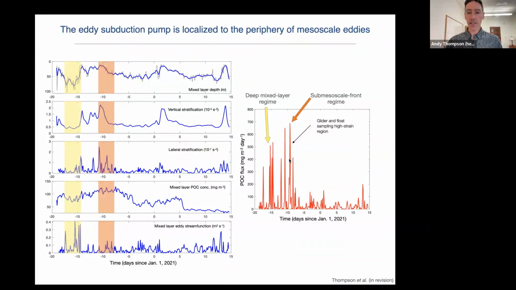And what we find is this is the period where we're sampling that very high strain region that has a very strong isopycnal tilt. And so what we think is that even though the exchange between the surface ocean and the interior might be weaker during this period, that strong isopycnal tilt allows you to have a relatively strong vertical velocity and thus vertical flux into the interior.